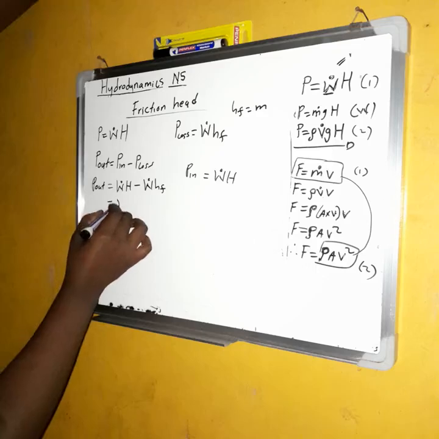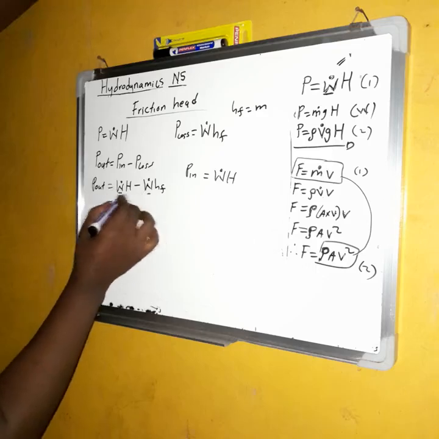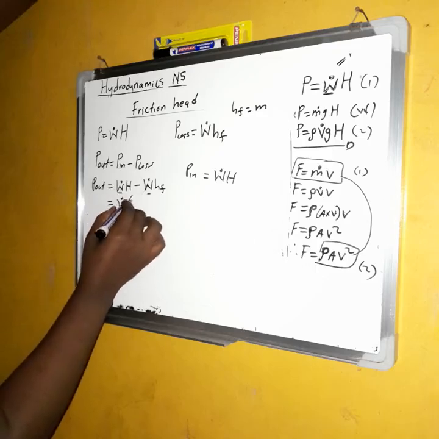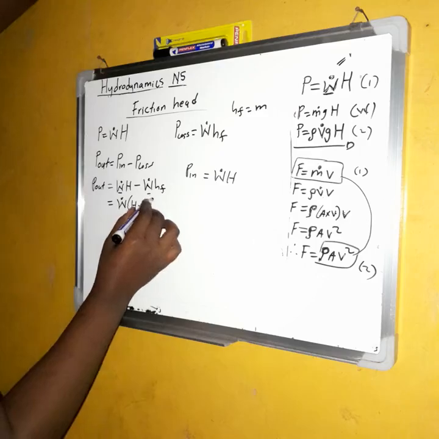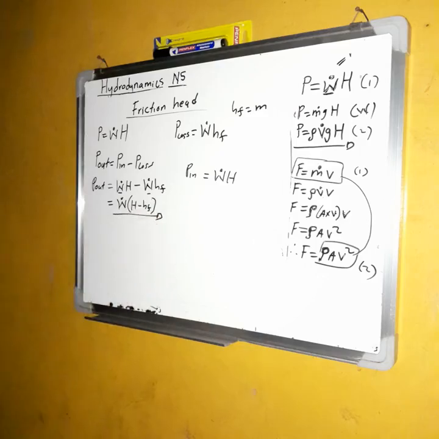We can take out the common factor, and we'll have W times H minus HF. That is the output power, and that is how we calculate output power.